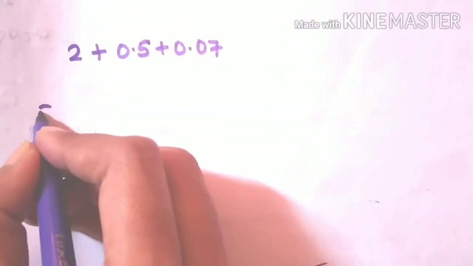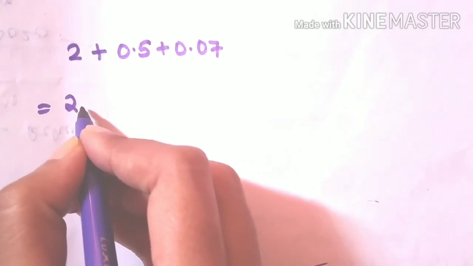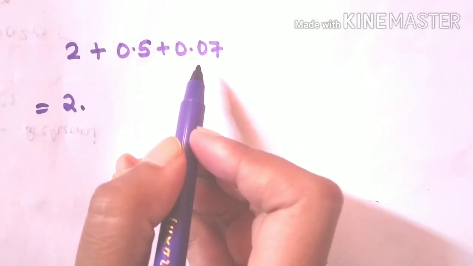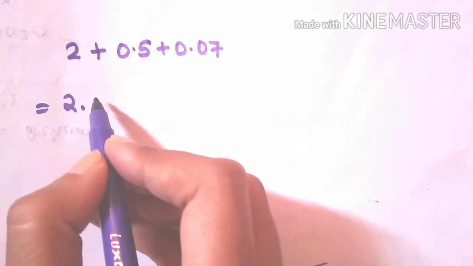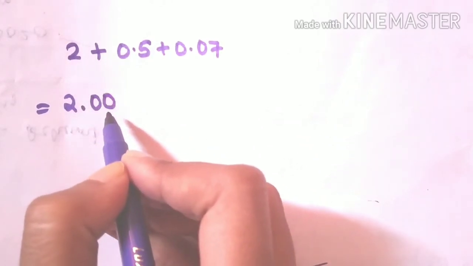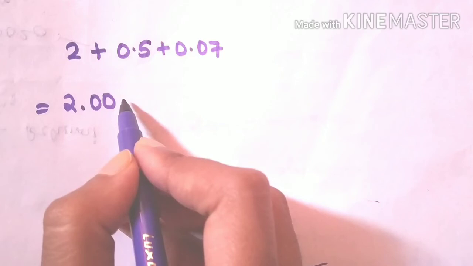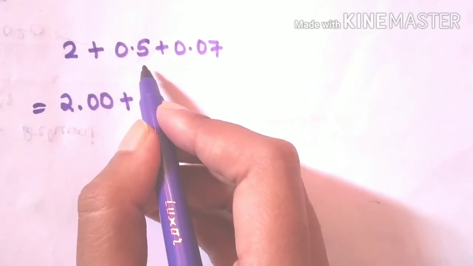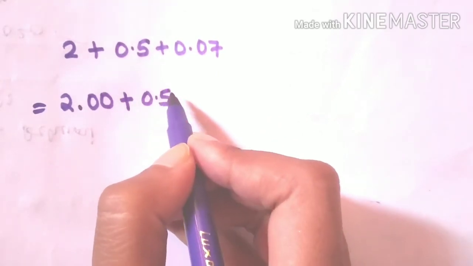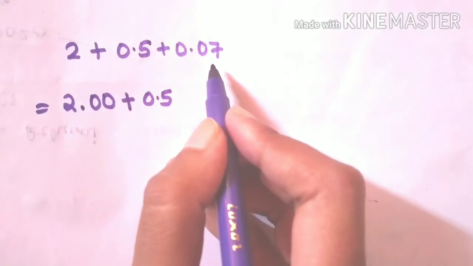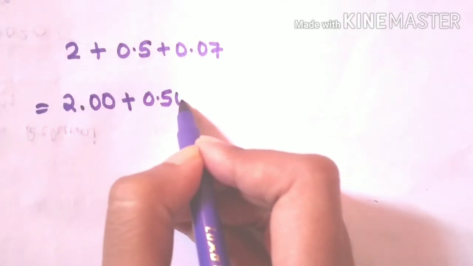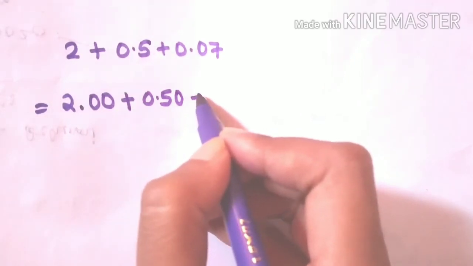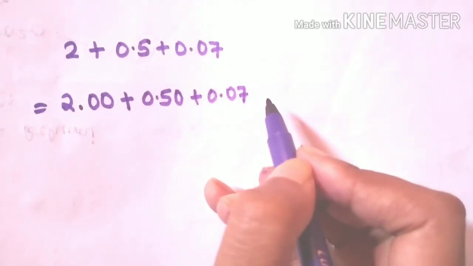Now when we change 2 into decimal, we will put a point after the digit 2. And since the highest decimal place is 2, we will put 2 zeros after the point. Now here we can write, in place of 0.5, we will write 0.50. Since the highest number of decimal places is 2, I will put a 0 after 5 to make the decimal place as 2, and 0.07 can be written as it is.